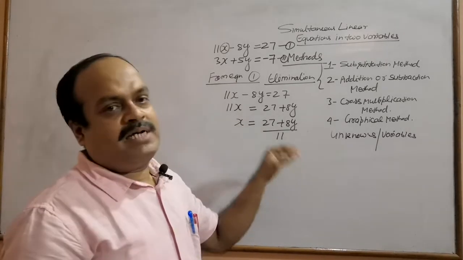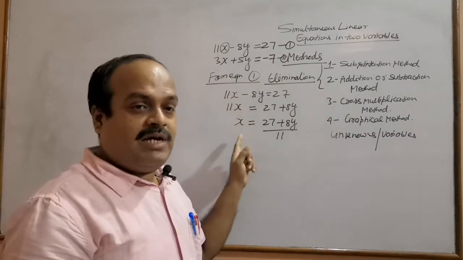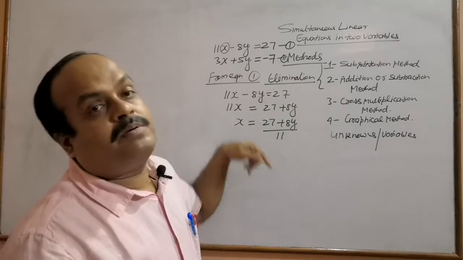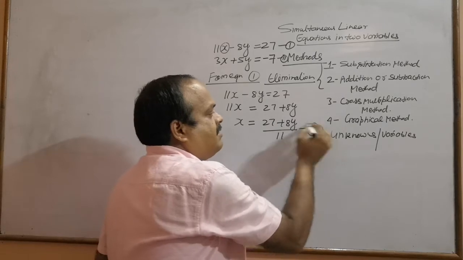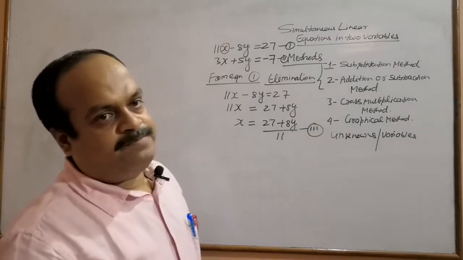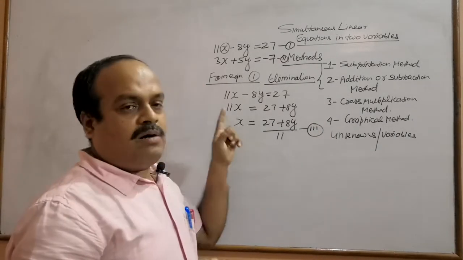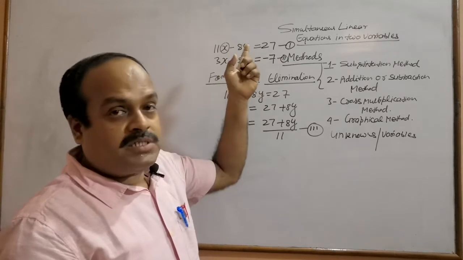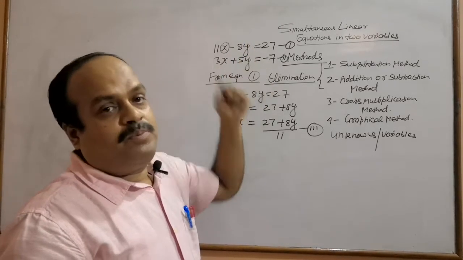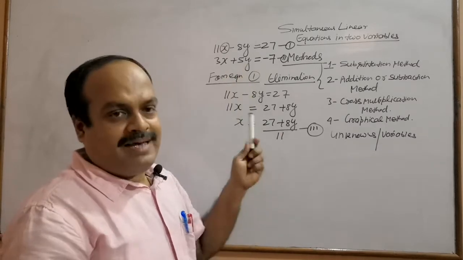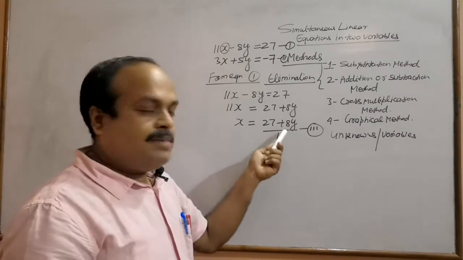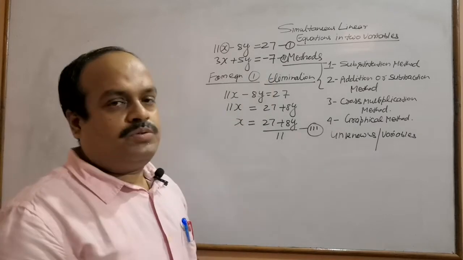Here x is made the subject, and this value of x we have got from equation number 1. So you can number this as third. This value of x which you have got from equation 1, you will substitute in terms of y in equation number 2.